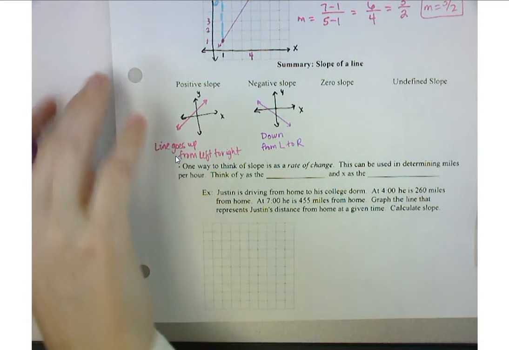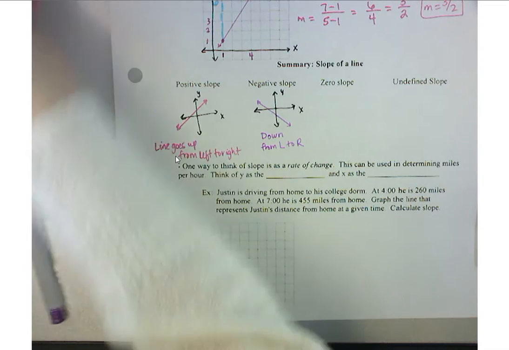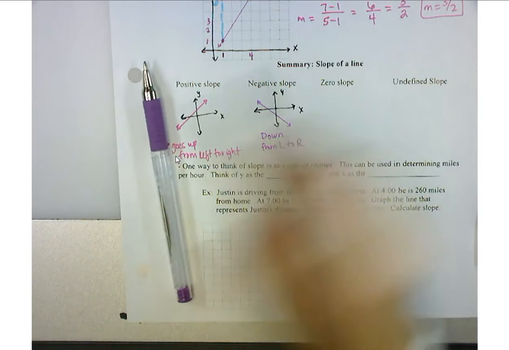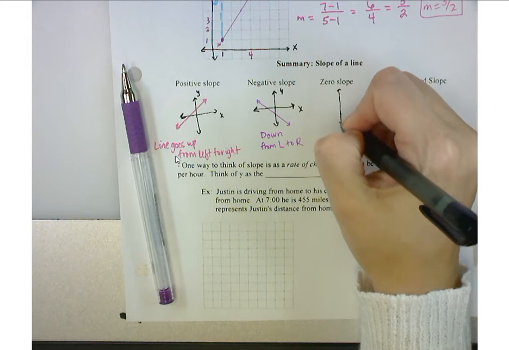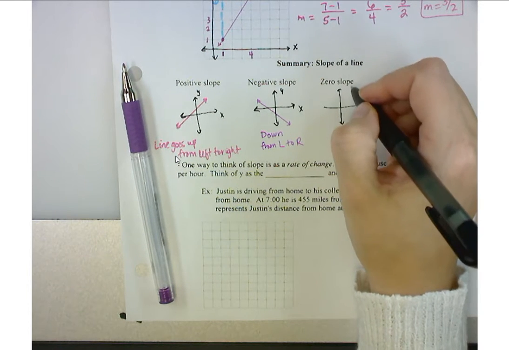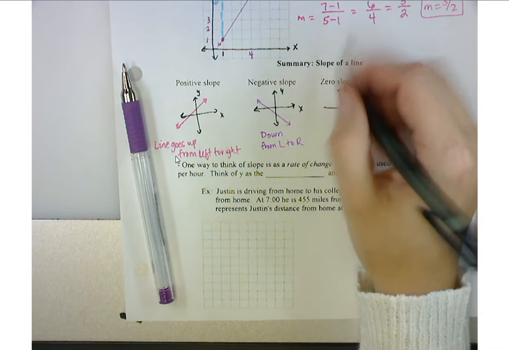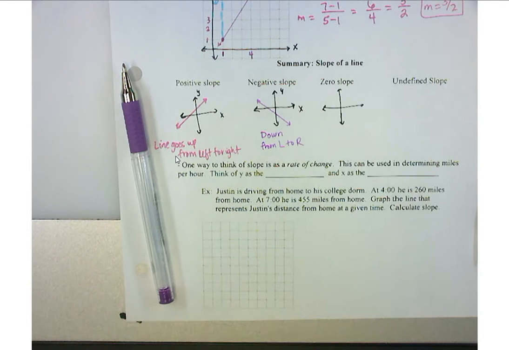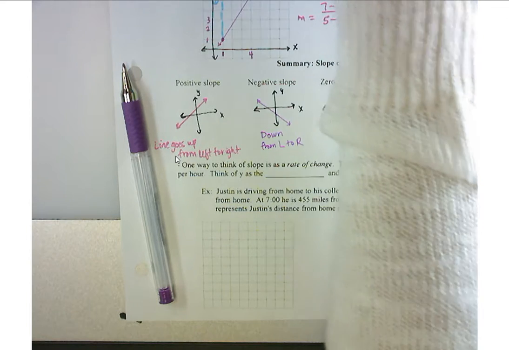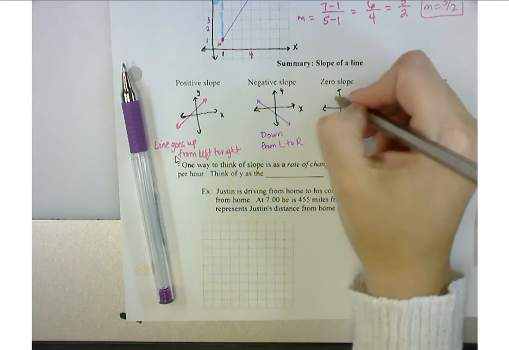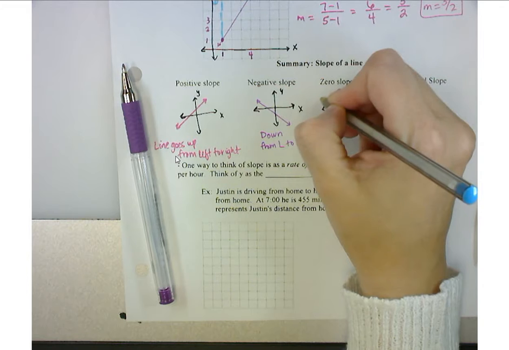If it is a zero slope, do you guys think you remember what that looks like? This is a special type of line. Well, it is straight. It's not straight up, it's horizontal. Yep, so it's a horizontal line. Do you guys have any special tricks for remembering that it's zero?